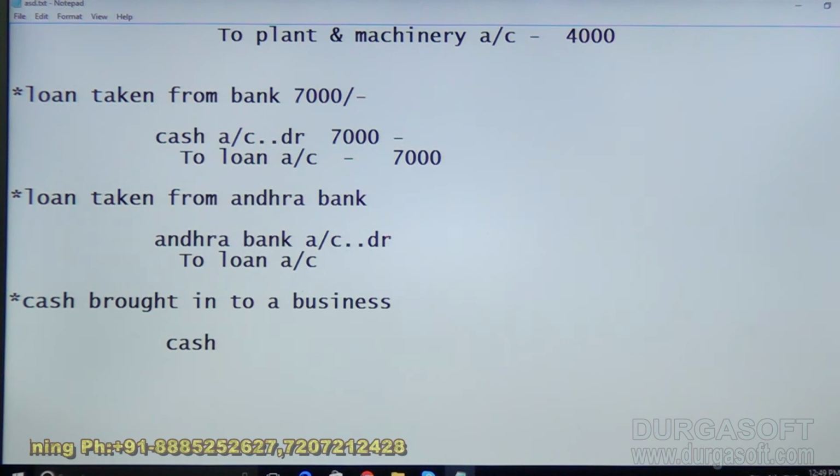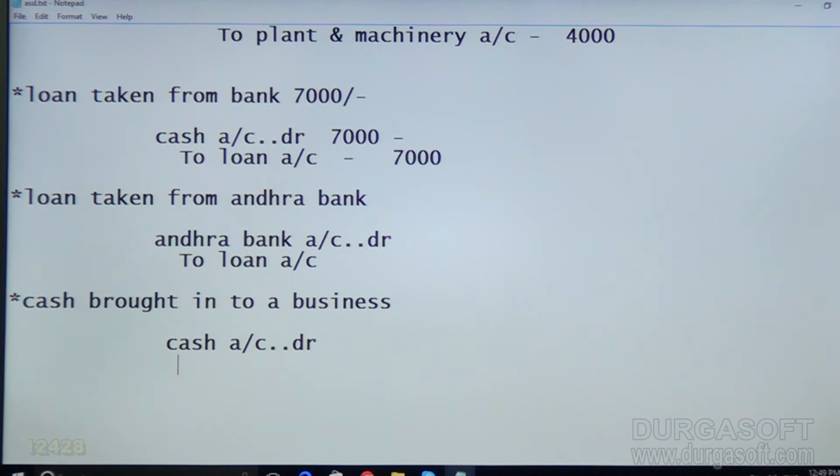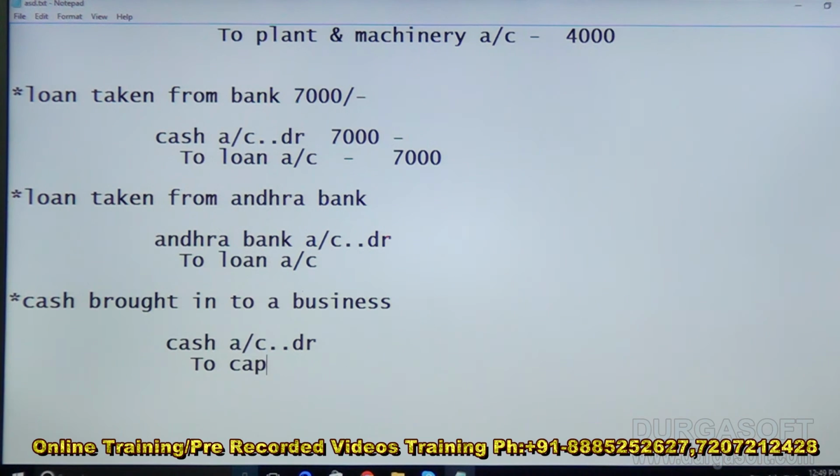Capital may be a loan or interest or commission, but whatever it may be, that is secondary. First we are receiving cash, that's all. So it is treated as capital account. Cash account debit to capital account.